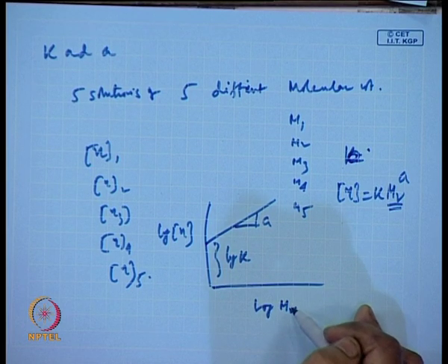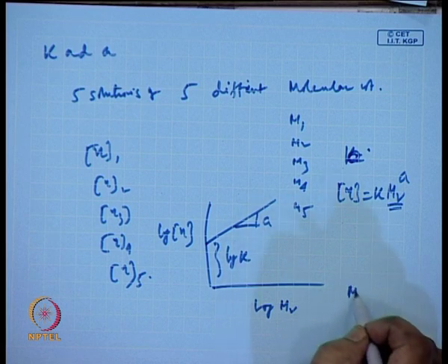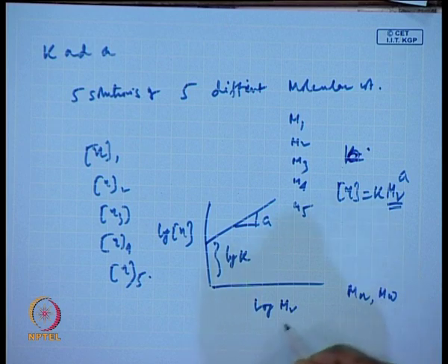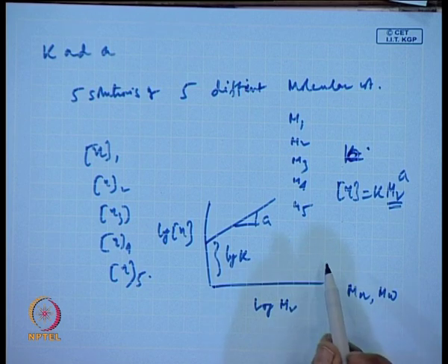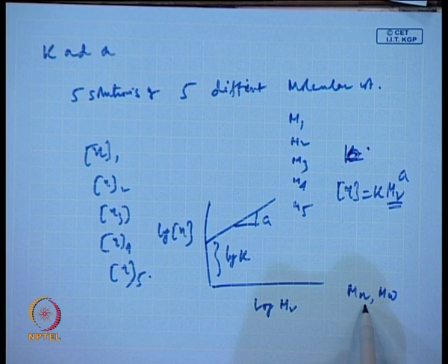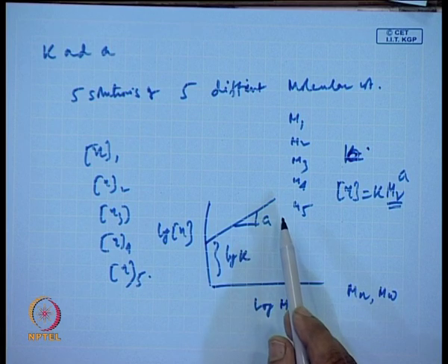Those where Mv is much closer to any of the known molecular weights, Mn and Mw. If you have a very narrowly dispersed polymer, then Mw or Mn is very close to Mv. So, you can take those Mw's and use them here and do the calibration curve.